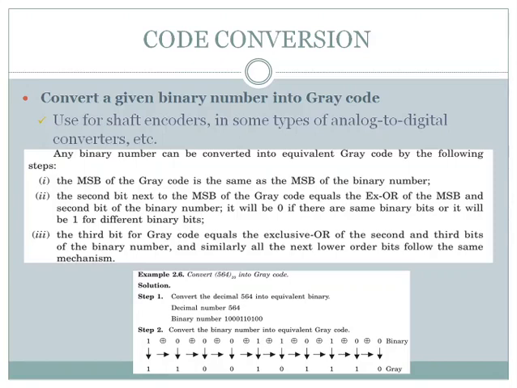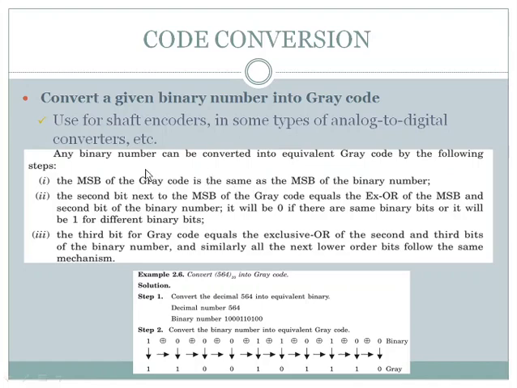So what are the various steps to obtain a gray code from a given binary number? A binary number has an MSB and an LSB. The leftmost bit is called the most significant bit, or MSB, and the rightmost bit of a binary number is called the least significant bit, or LSB.